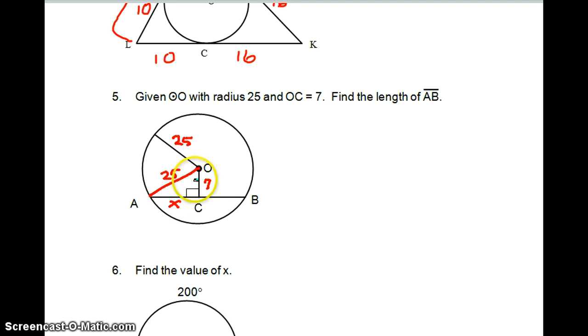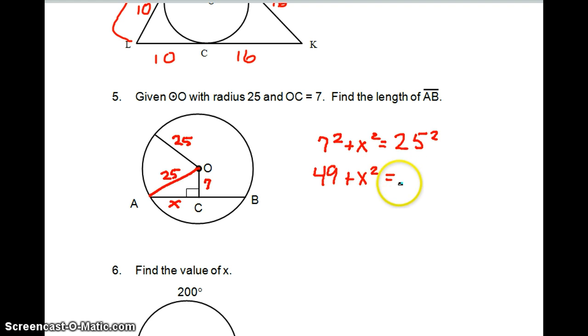And now we can just use the Pythagorean theorem. We're going to do 7 squared plus x squared equals 25 squared. It's 49 plus x squared equals 625. Subtract 49 from both sides.